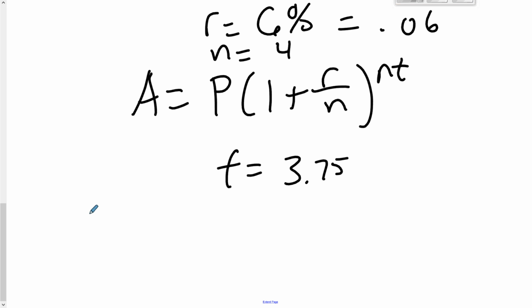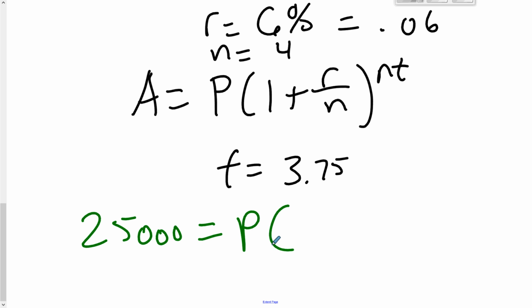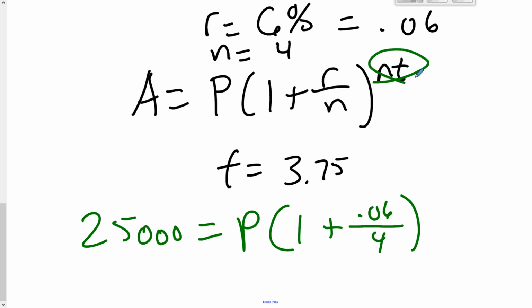Okay, so we know how much we want to get out, 25K. And we don't know how much we're putting in, so we leave it as P. 1 plus our rate, which is 0.06, over how many times in a year I'm doing it, which is 4, raised to NT. And remember, NT is how many times total over the years you do it. So here we could put 11 because it says for 11 quarters, so that means we're doing it 11 times. Or we can do our 4 times 2.75 because that's how many years are in 11 quarters.